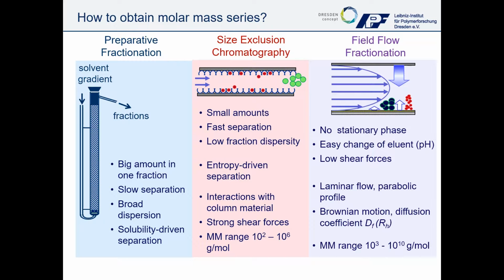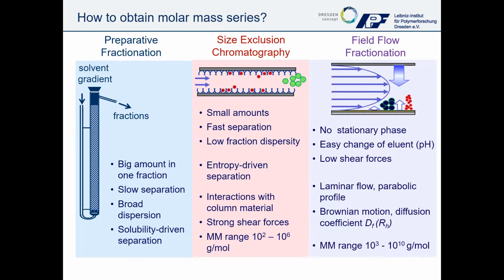This means that, first of all, we can separate broader molar mass ranges compared to size exclusion chromatography, and additionally we don't have strong shear forces, as is the case in size exclusion chromatography or in chromatography in general, because the channel is not filled with any material.